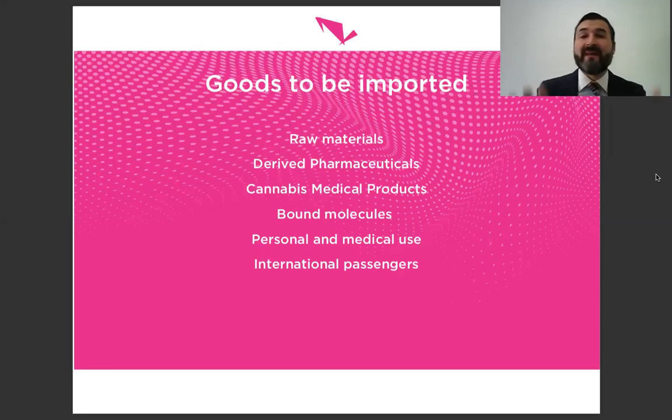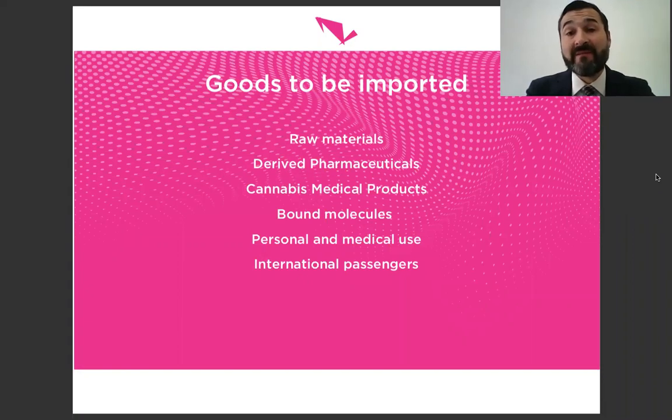But the thing is that this is the list of the goods that, under the current approved regulation for medical use of cannabis, are allowed to be imported into Mexico. That means raw materials for the production of cannabis-derived pharmaceuticals, raw materials for the production of whatever medical drug is planned to be manufactured in Mexico.